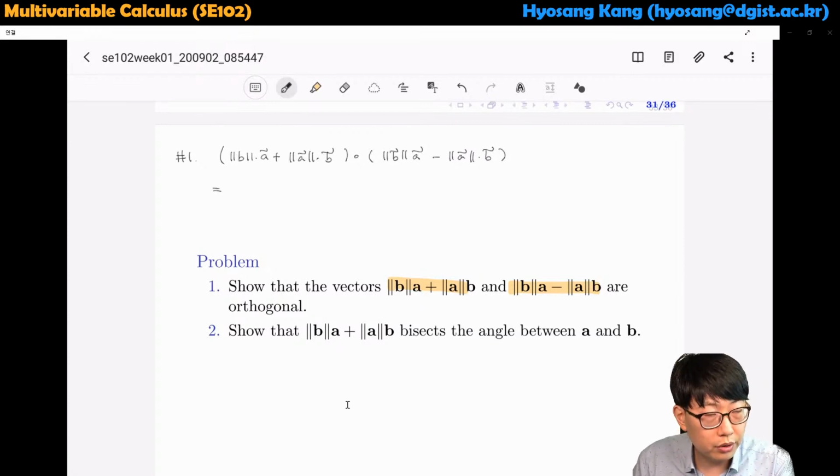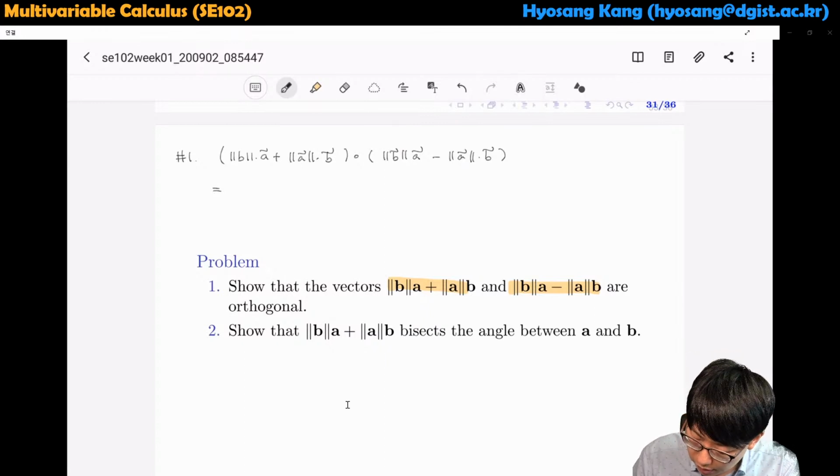So you can use the distribution rule. I will answer that question right after I solve this. I write the solution here.